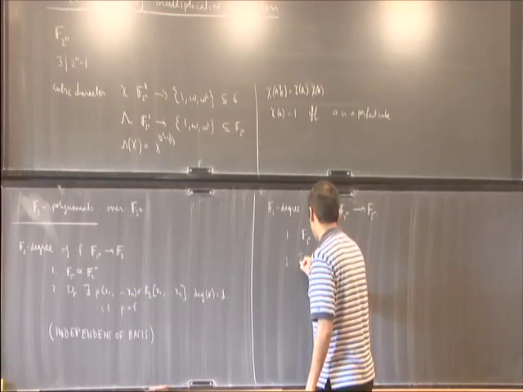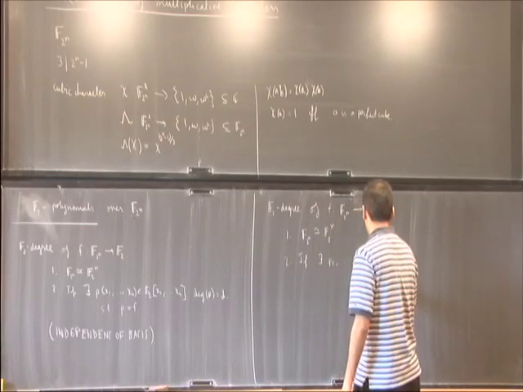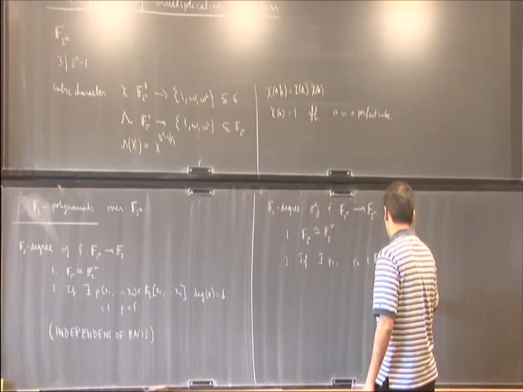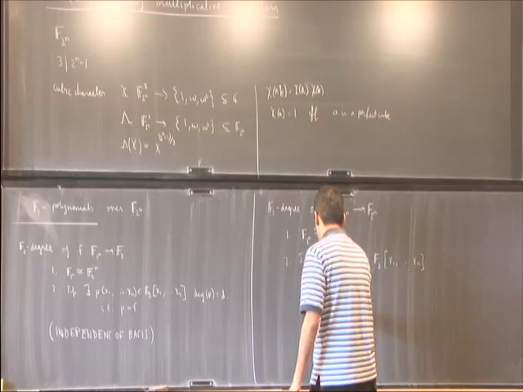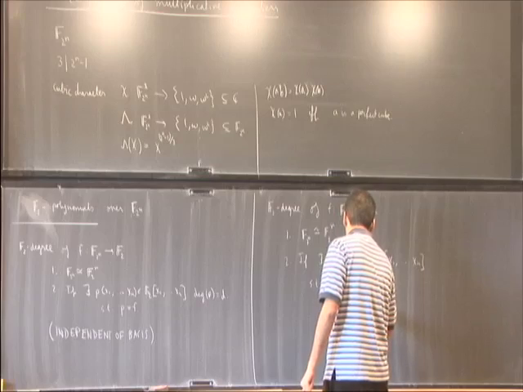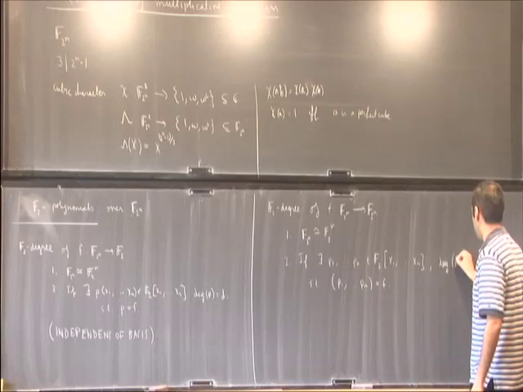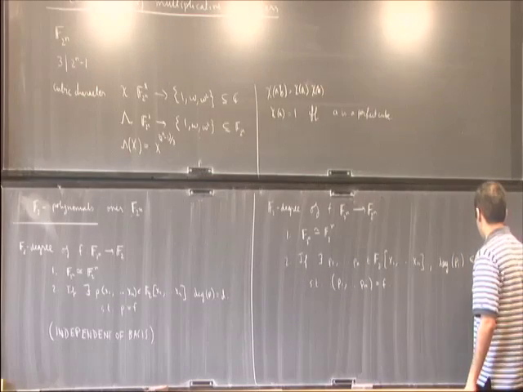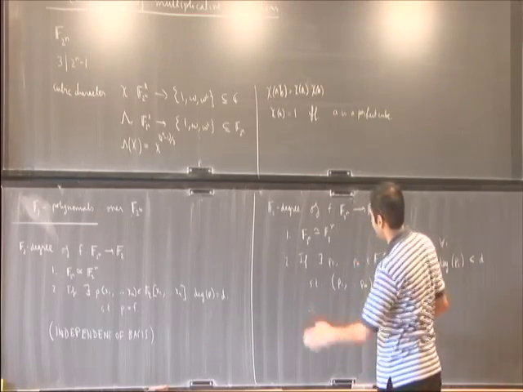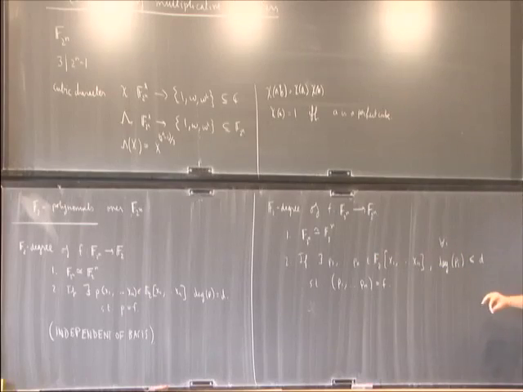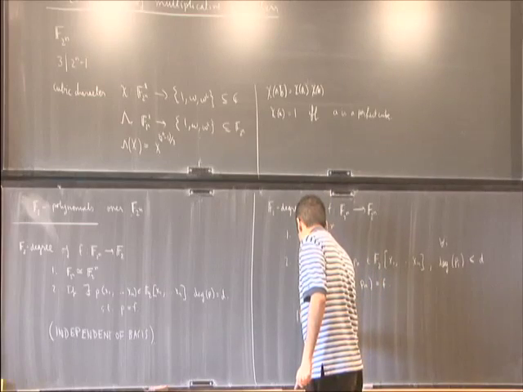So if there exist p1 up to pn such that the tuple p1 up to pn equals f, and the degrees of the pi's are all less than or equal to d, then I say that the F2 degree of this function f is at most d. And again, for a very similar reason, this is independent of basis.